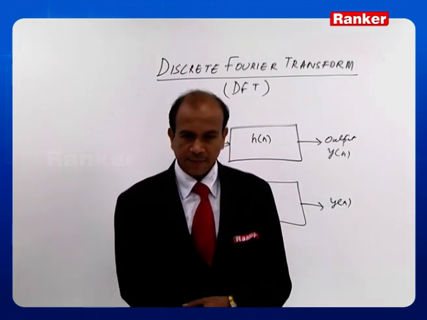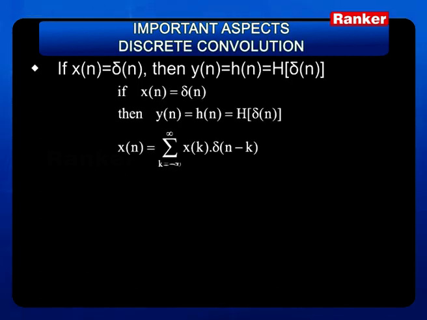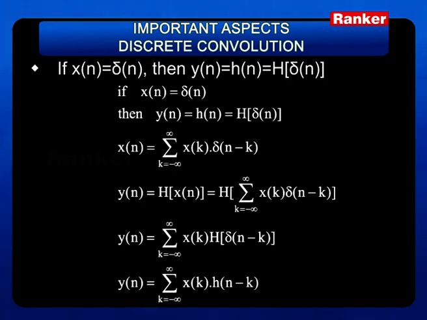Now let us see this. If x of n is equal to delta of n, then y of n is equal to H of delta of n. If x of n is equal to summation k equal to minus infinity to plus infinity x of k delta of n minus k, then that is equal to h of n minus k times x of k. As you see this sequence of steps, I will just read through them so you understand this properly.